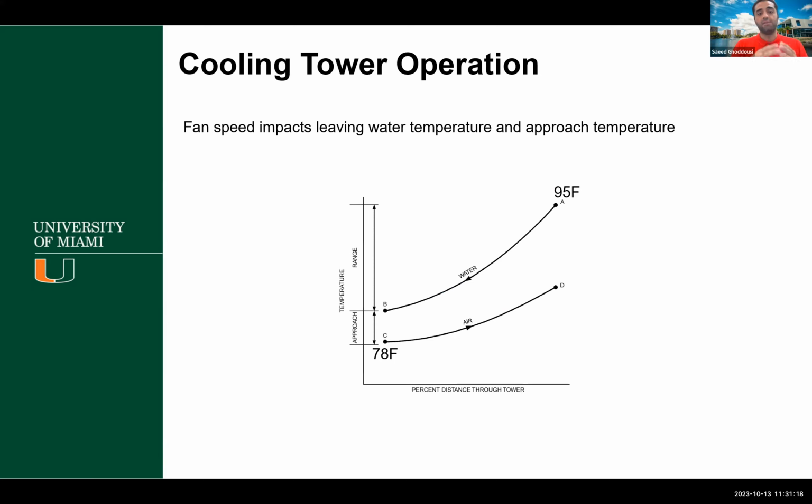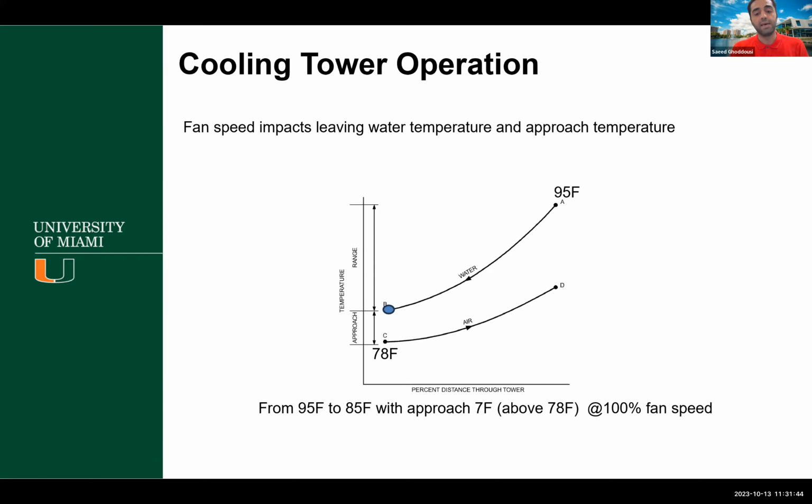Cooling tower operation: again, I showed that the fan speed impacts the leaving water temperature and the approach temperature. By having a higher fan speed, we are reducing the leaving water temperature. You can see in the figure that the ambient air temperature is 78, the entering water temperature to the cooling tower is 95, and our leaving water temperature in this standard condition will be around 85.